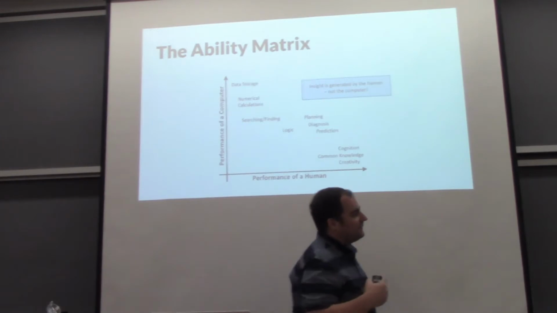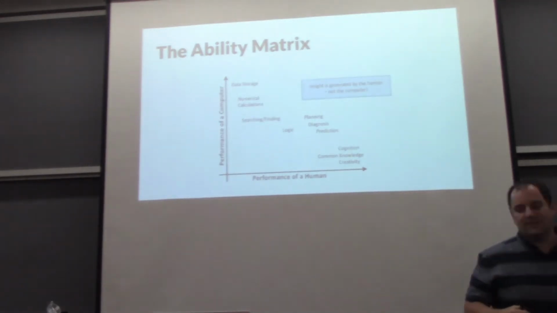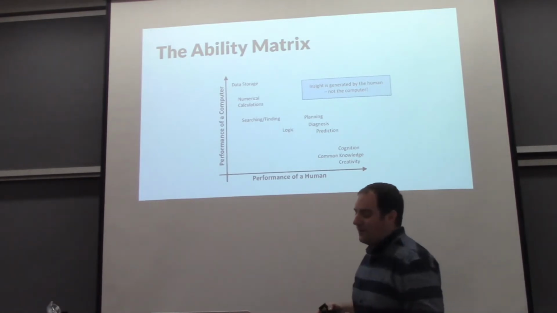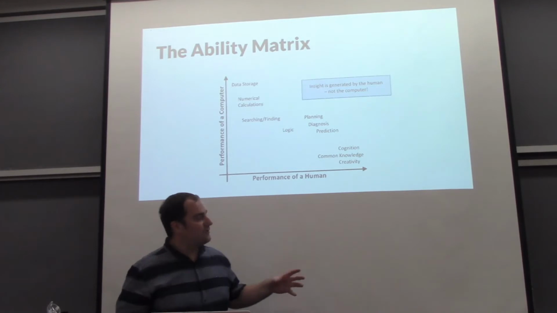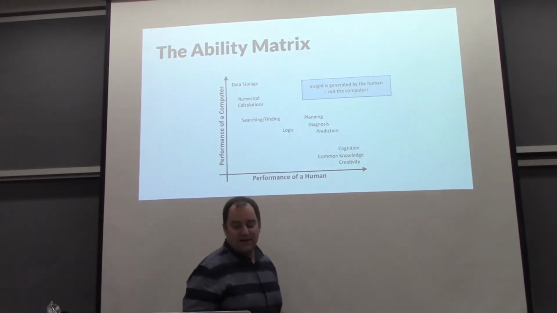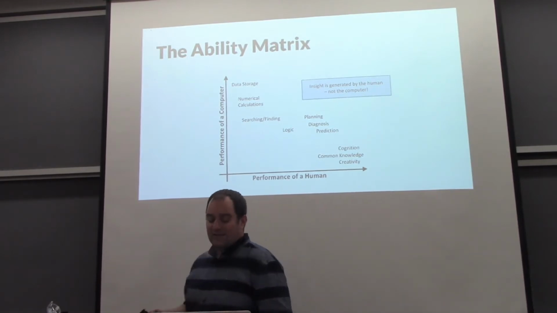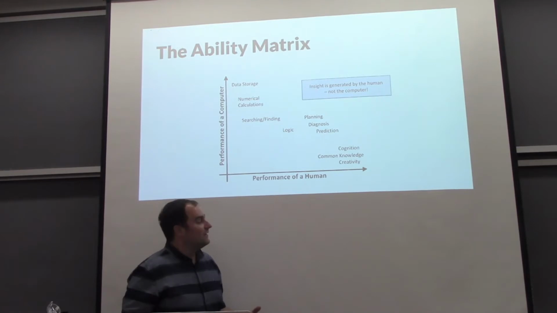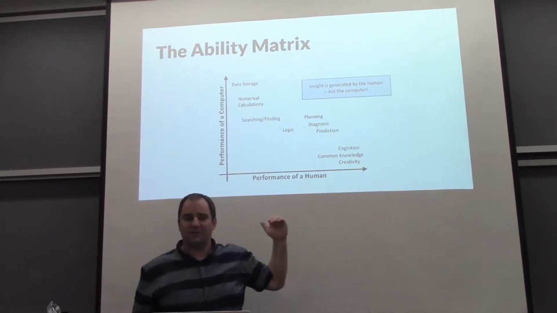Here is an ability matrix, and don't take this too seriously, like where things are specifically placed, but the idea is to compare the performance of a human to the performance of a computer. We see that computers are great at data storage, numerical calculation, searching and finding, and logic, whereas humans are better at planning, diagnosis, and making predictions, but especially good at cognition, bringing in common knowledge, and at creativity.